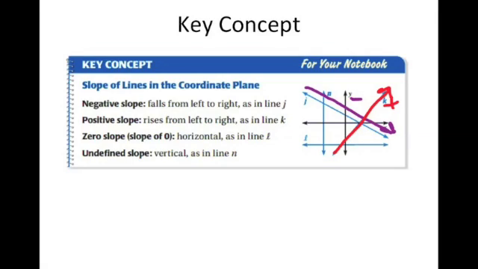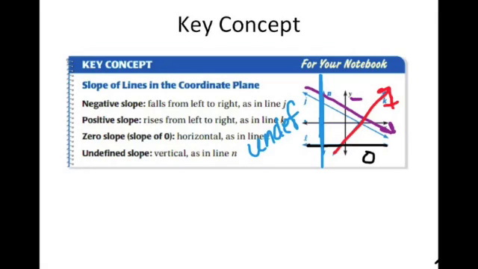The lines that are perfectly flat have a zero slope. And the only one that we cannot find the slope of is the one that goes straight up and down. And we say that is undefined. Alright? So, you guys remember all that from Algebra 1.